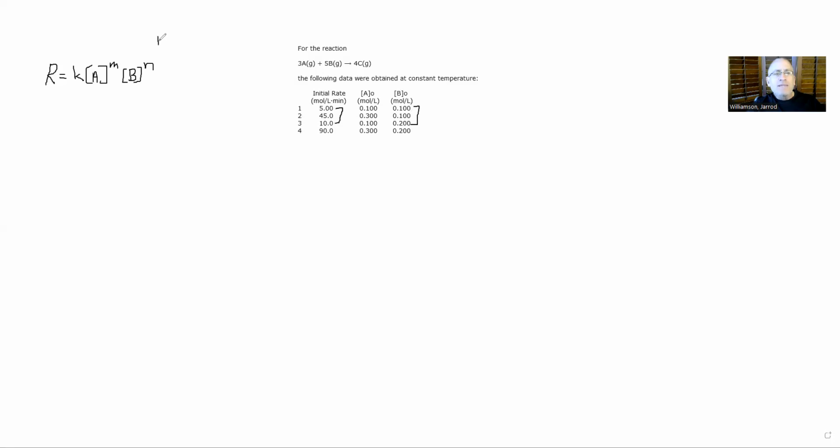That implies n is equal to 1. Now we're still going to have to calculate it the way I taught you guys how to calculate it, but by inspection, we got n equals 1.